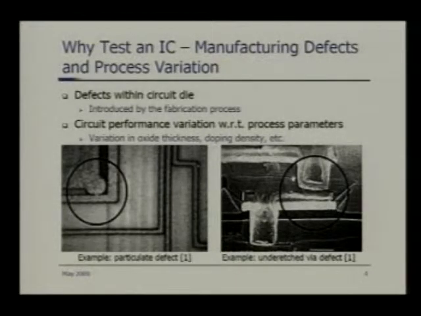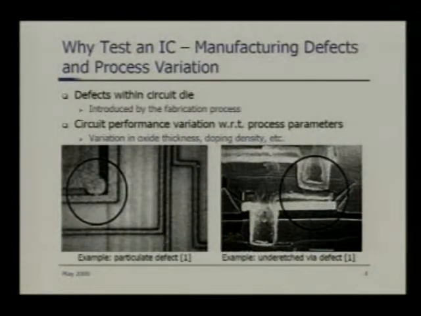Similarly, other than the defects, we have problems of process parameter variation. So when we talk about, say, fabricating circuitry using transistors, maybe BJT or maybe MOS, there are process parameters like oxide thickness and doping density, which would vary from one wafer to another wafer.